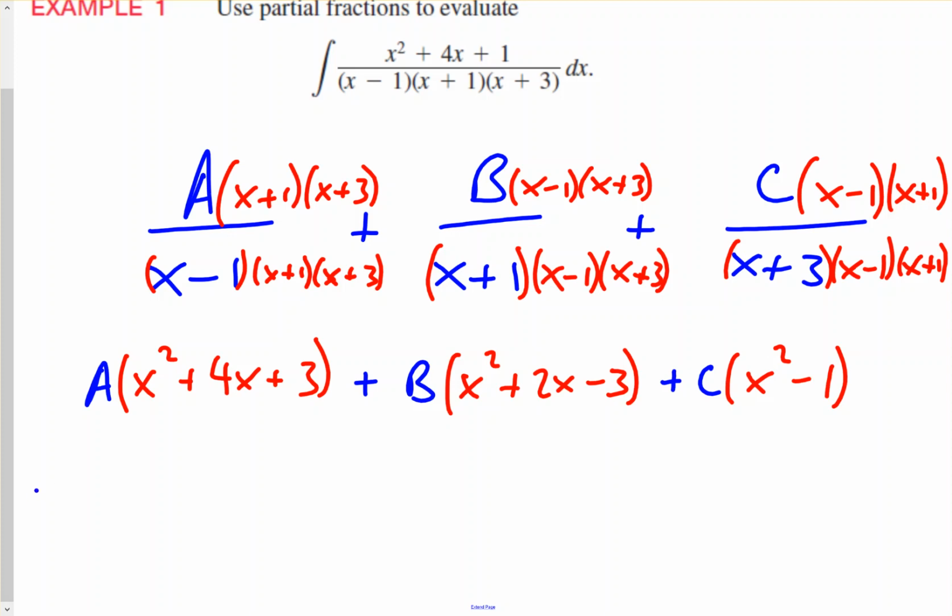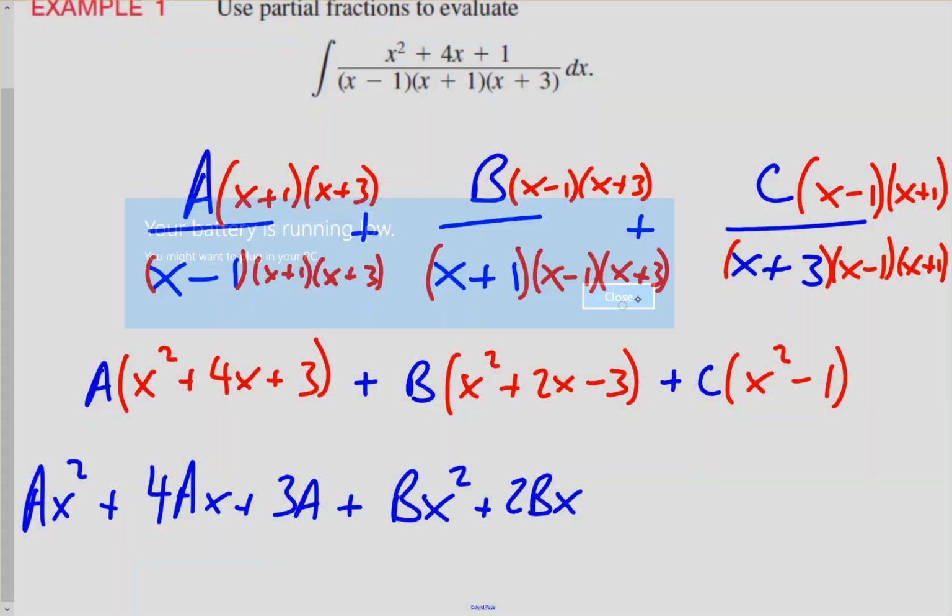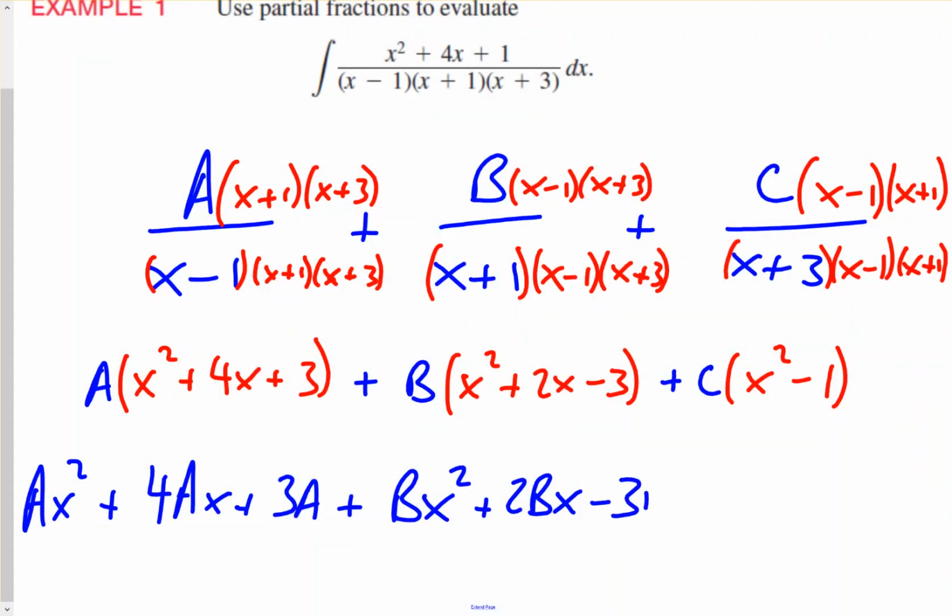So we have ax squared plus 4ax plus 3a plus bx squared plus 2bx minus 3b plus cx squared minus c.